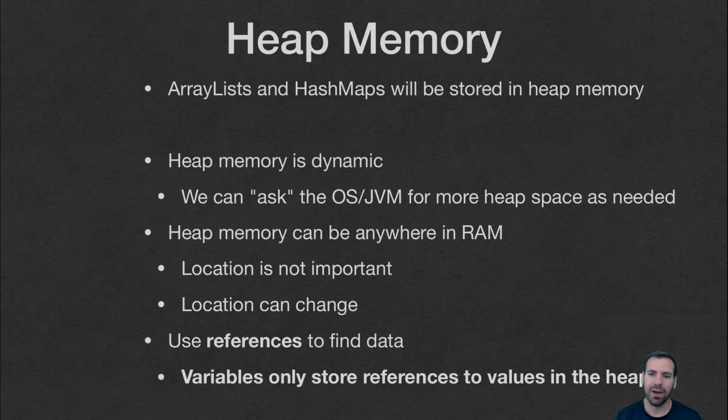It's going to give us that reference to the first byte of memory in that memory that was allocated to us and say, here is your heap space. Do whatever you're going to do with it. And this is important especially when we get to data structures, but it's going to be important for all of our objects moving forward. We're going to need to use heap space because it's more dynamic.